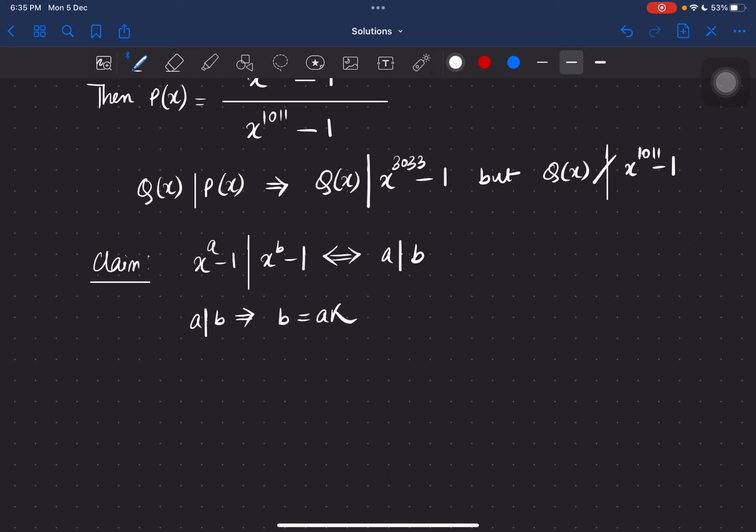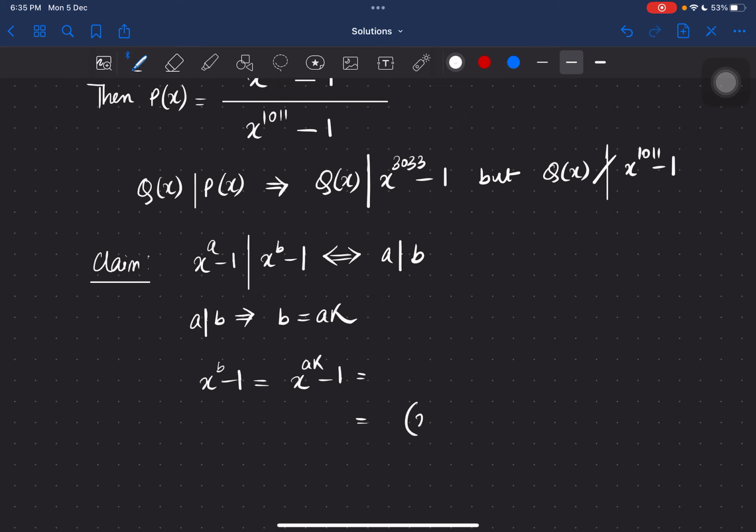Next, if we write x^b - 1, this is nothing but x^(ak) - 1. Now we have to show that it is divisible by x^a - 1. One thing we can use is the vanishing method.